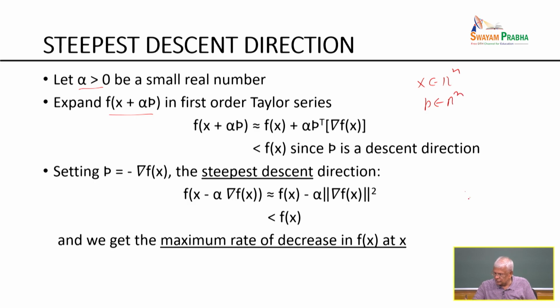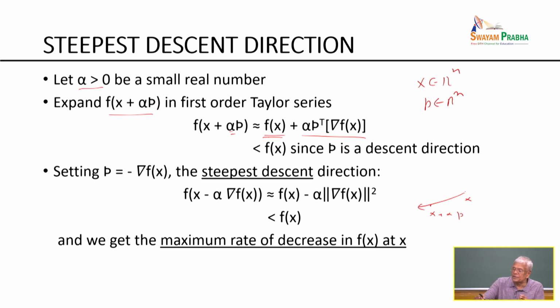If this is the point x and this is the direction, this is the point x plus alpha p. When alpha is not large, x plus alpha p is a point along the direction p, but close to x. So, if alpha p is not too large, I can approximate the value of f of x plus alpha p by a first order Taylor series, f of x plus alpha times p transpose gradient of f of x.